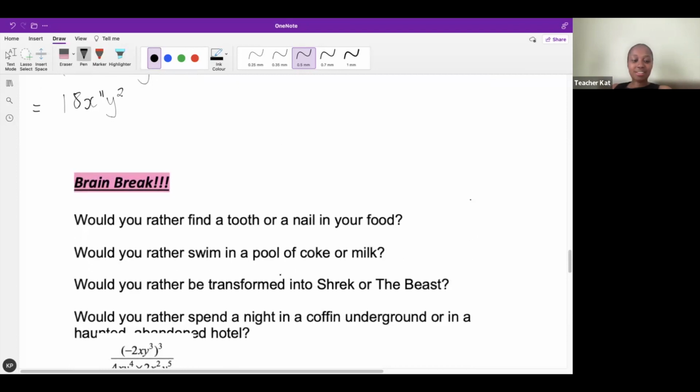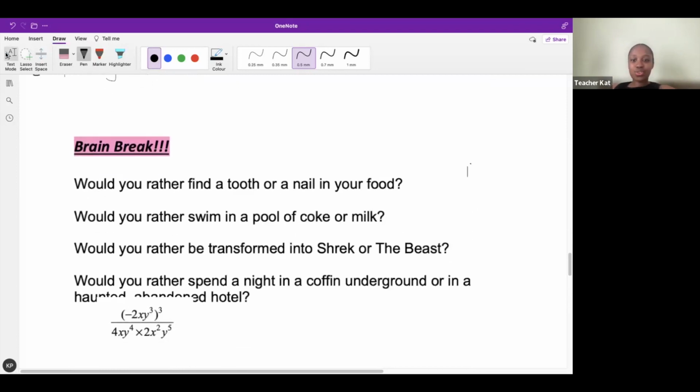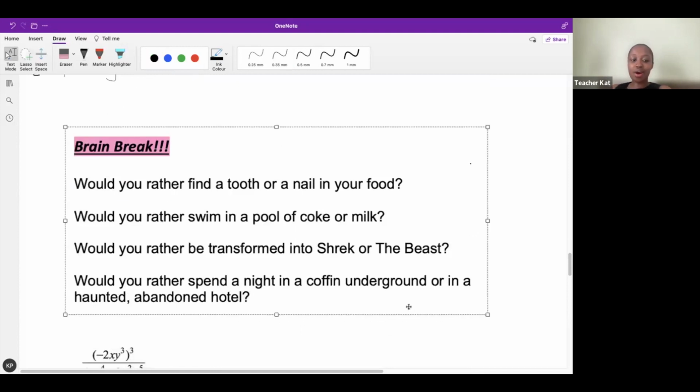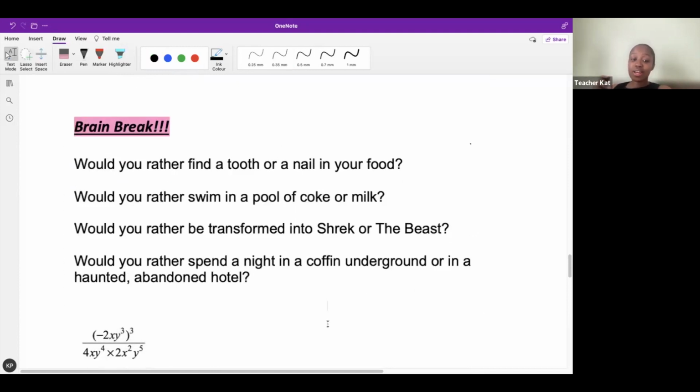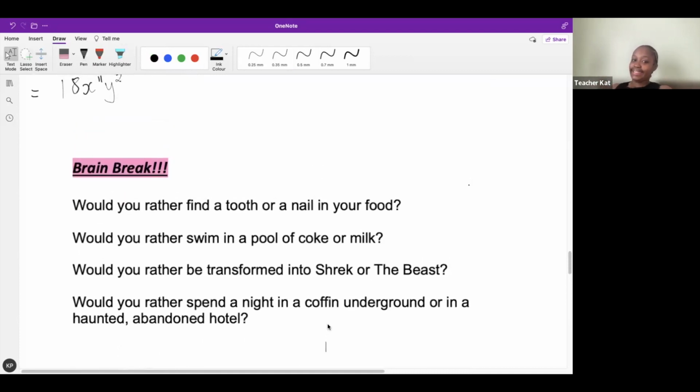And the last one, would you rather spend the night in a coffin underground or in a haunted abandoned hotel? So you're either in a coffin or in a haunted abandoned hotel. Fun is like, I'll take the hotel any day.